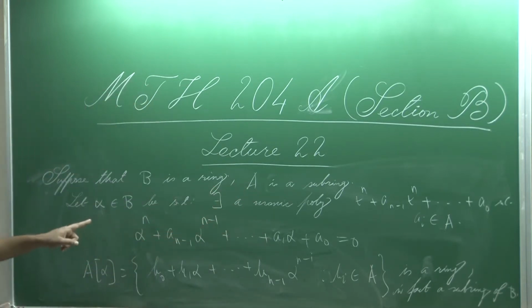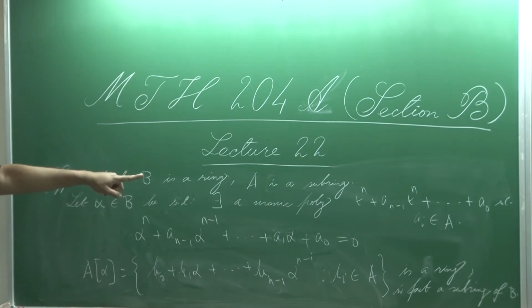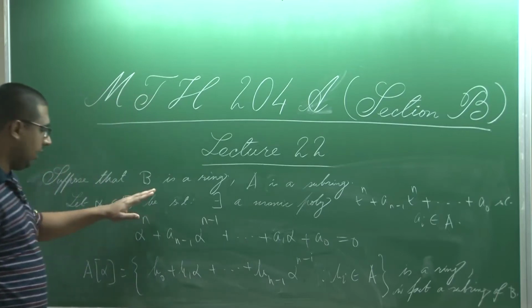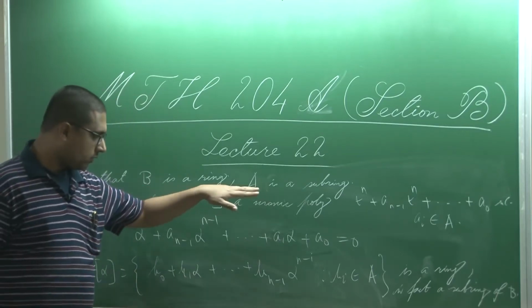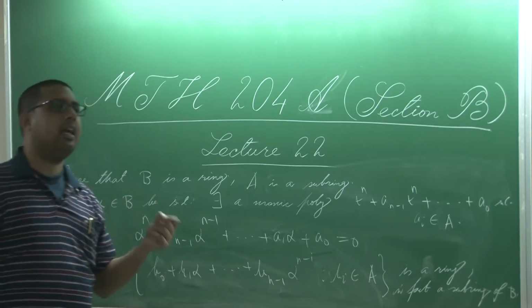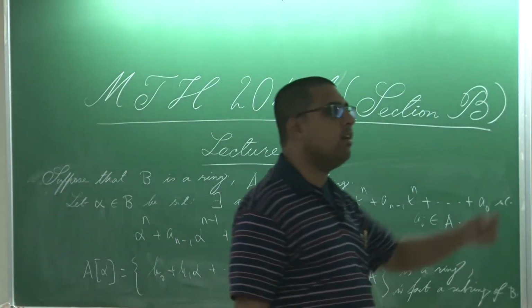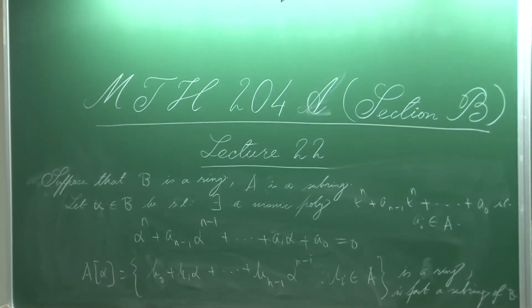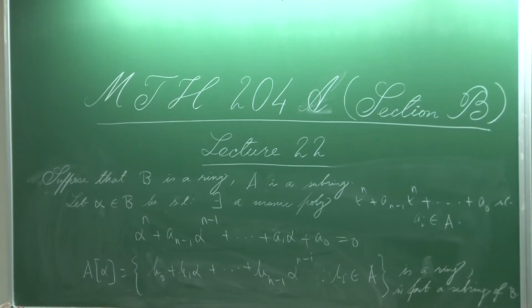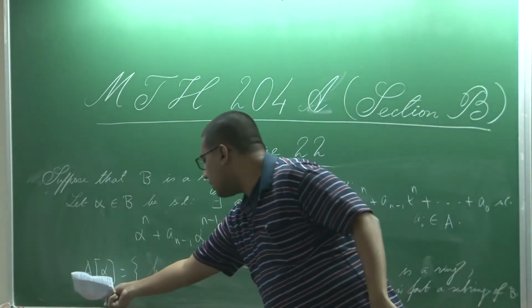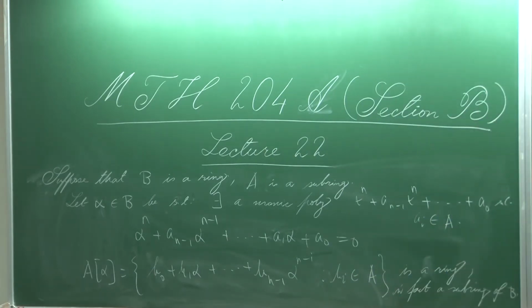In this case we say alpha is integral over A. Thus what we have seen is that whenever we have a subring of a ring, then for every element of the bigger ring which is integral over the smaller ring, this becomes a subring of the bigger ring.